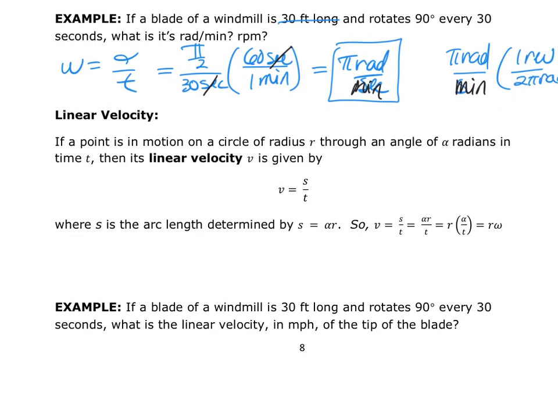Now, the very last part of this section is linear velocity. If you're looking at your car, it's going to tell you your linear velocity. If you're looking at your speedometer, that is a linear velocity, and it is doing a conversion based on your angular velocity, based on how fast your wheels are rotating.